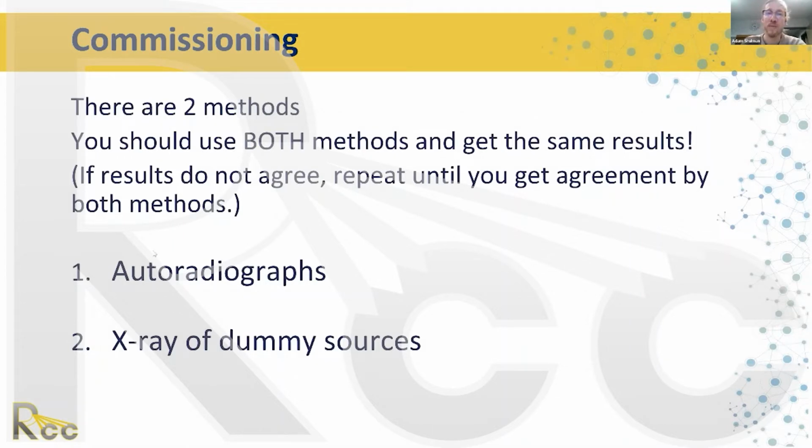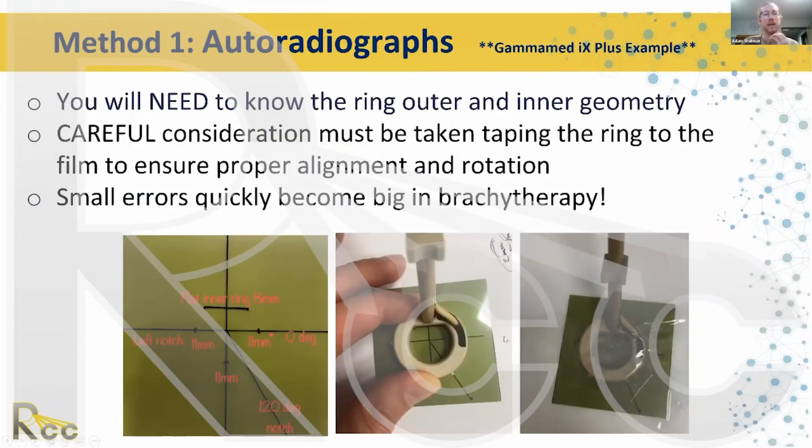So if you have the possibility to do autoradiographs and x-ray the dummy, do them both and see that they agree with each other. It's always good practice in physics. So method one, autoradiograph. Now, I'd like to note that some applicators, this will be more difficult. So for example, here's a Varian system. It works pretty well.